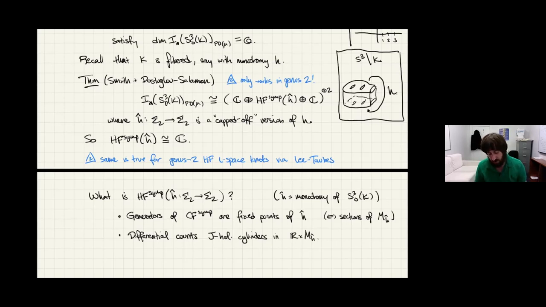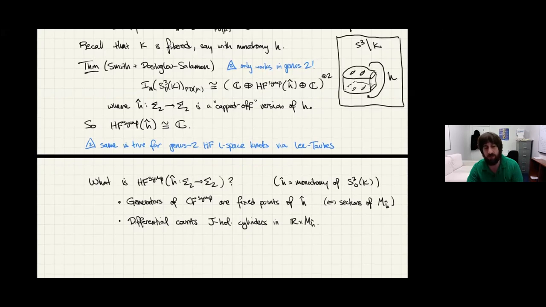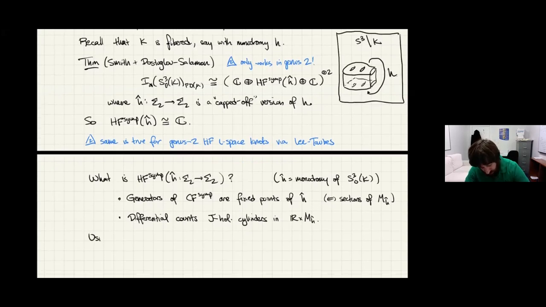But the key thing is, I would look at it and say, well, it's hopeless. How are we supposed to understand the differential? But the great thing that saves us is that it turns out to be entirely combinatorial. So in fact, using the fact that I mentioned earlier, that this genus 2 L space knot is strongly quasi-positive, that means that it's the binding of an open book for the tight contact structure on S^3.